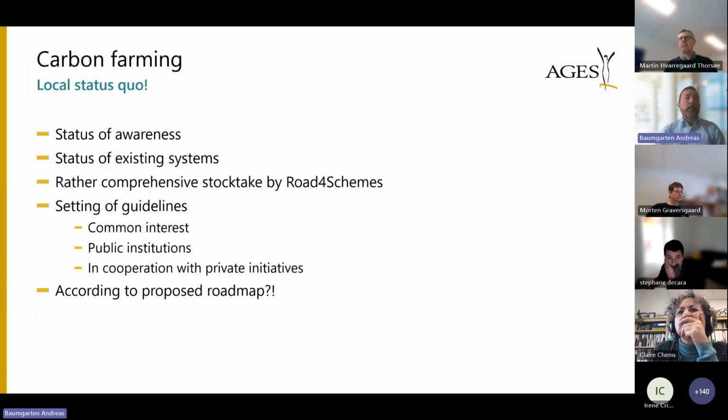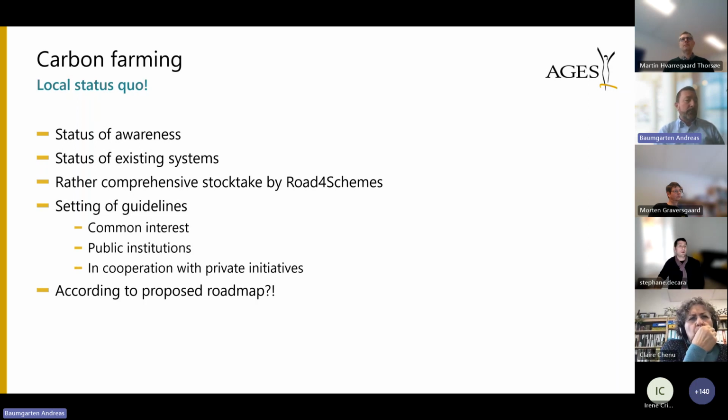A very important thing is to be aware of the status quo in the individual regions. Irene has already also pointed out the importance of regionality, so that we have to be aware of what is the status with respect to carbon farming. Do we have any existing systems here?